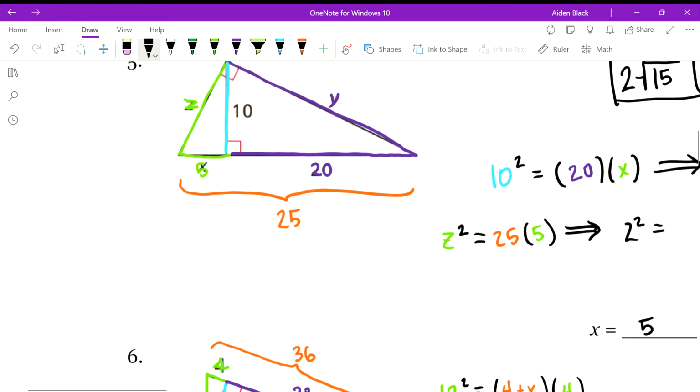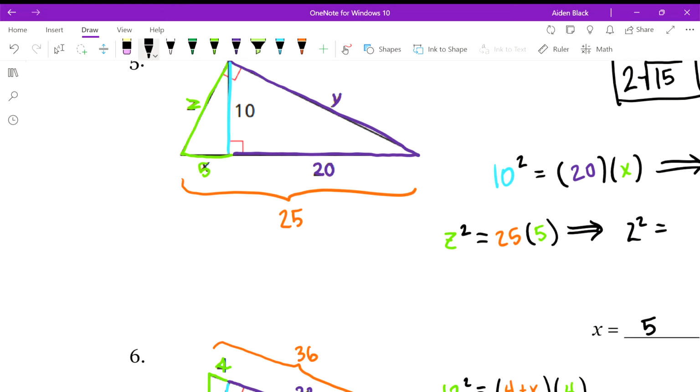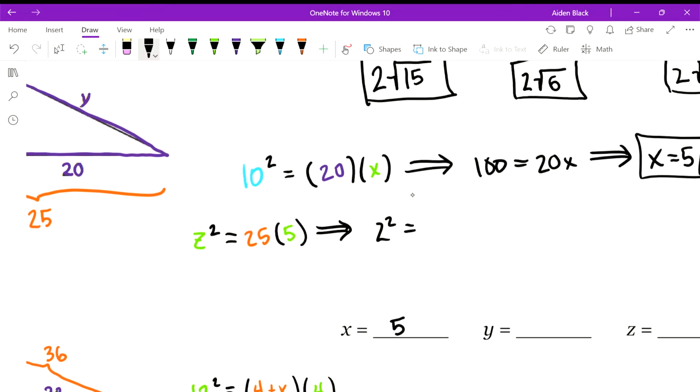Right, that's actually 5. Okay, so Z squared is equal to 125.